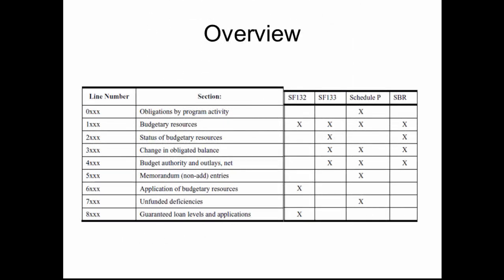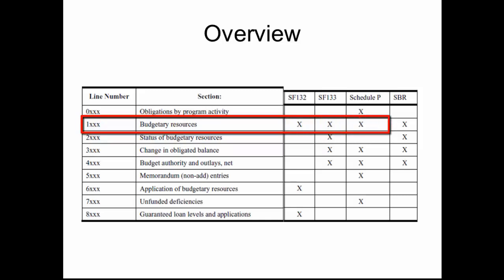Note that the budgetary resources on line numbers in the 1000 series appear in the SF132 apportionment, the SF133, Schedule P, President's Budget, and the Statement of Budgetary Resources. So once you've learned these lines, you'll know them for all of these reports.